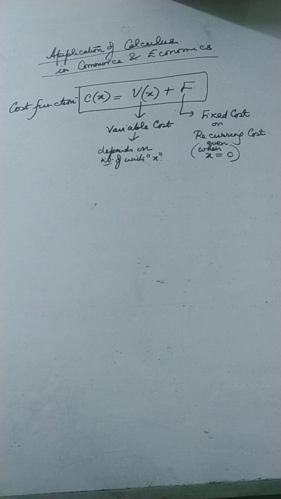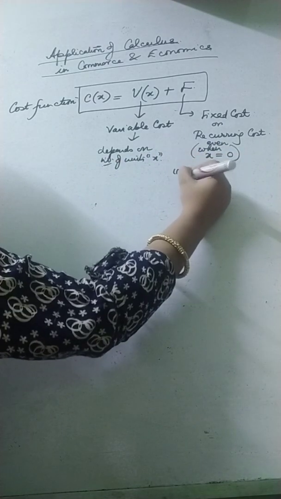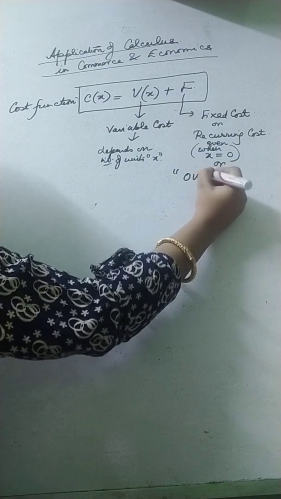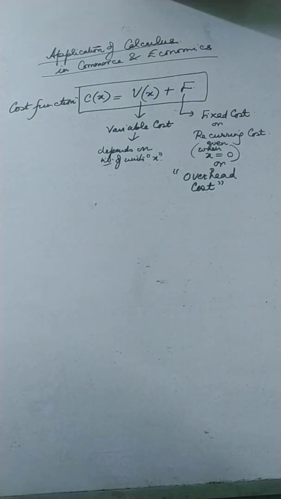If the time is fixed, then of course the number of laborers will depend on number of units. So this is your cost function, which is variable cost plus fixed cost, or the recurring cost, and also termed as overhead cost. Also in some questions you will see they are saying overhead cost. Okay, so this is also termed as overhead cost.